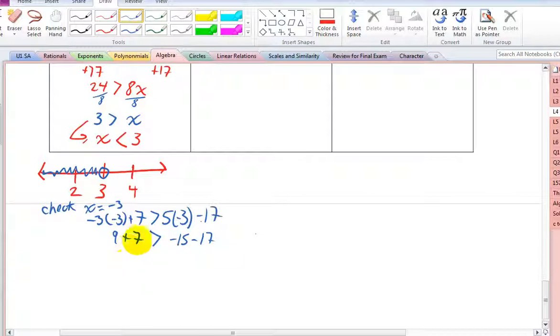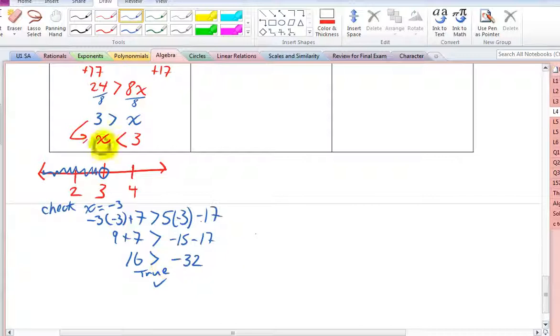What's 9 plus 7? 16 is greater than negative 32. Is this a true statement? Yeah, true. So check is complete. Everything's good. A little bit different. We don't pick the same value. We pick something that makes a true statement.